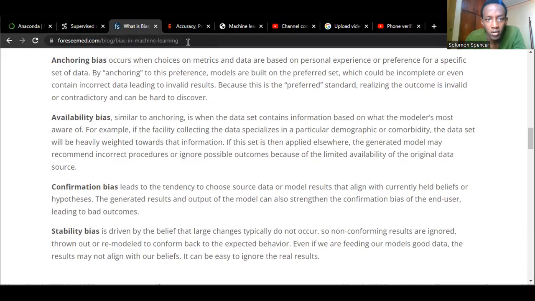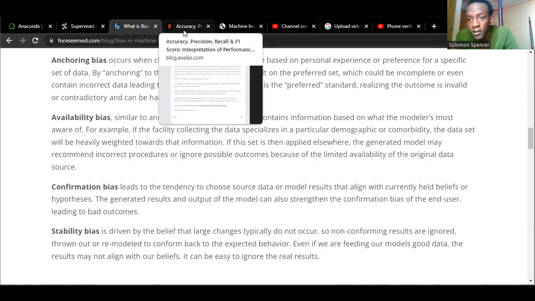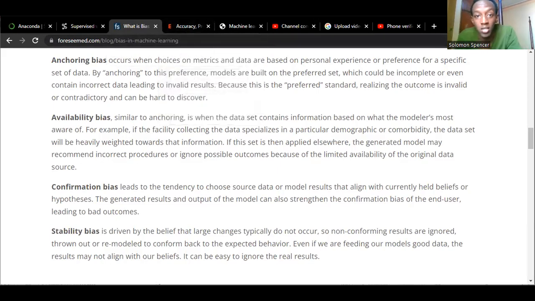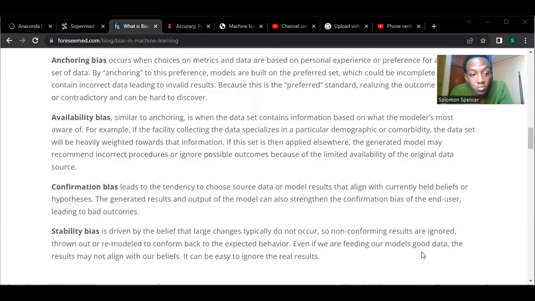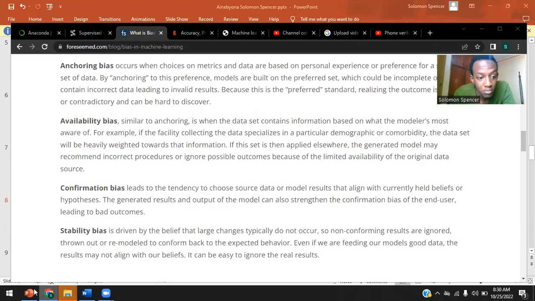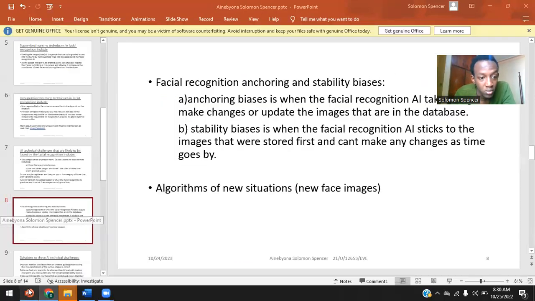But what I can say about anchoring bias is that the machine is taking long to learn, and the changes are really not made. For the stability bias, the AI has deliberately refused to add any new faces, and the only way is to first trash the whole thing and repeat it once again. Yes, so that is it.